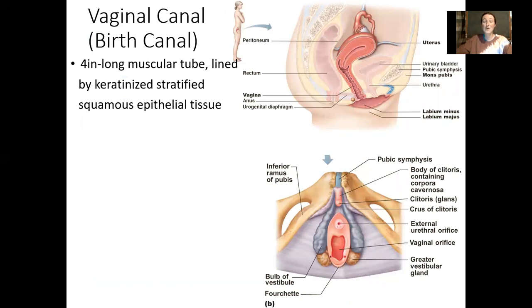Okay, other female organs. The vaginal canal, also called the birth canal, opens up just posteriorly to the urethral orifice. The vaginal canal is lined with keratinized, stratified squamous epithelial tissue.